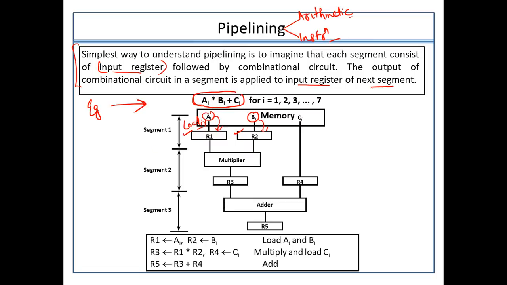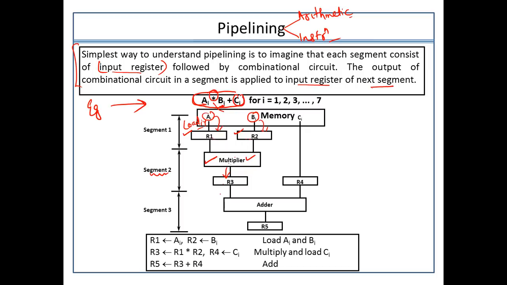So what will happen after that? After I have loaded these two variables, now I have to perform the arithmetic operation. The arithmetic here is the multiplication only. So in the ALU, we will perform the multiplication in segment number 2. I will multiply these two values and its resultant output is to be stored here in another register.